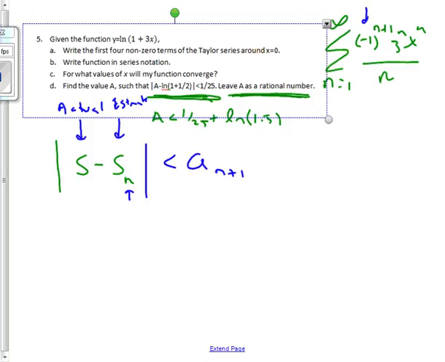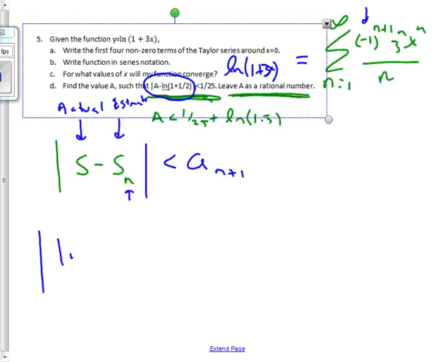So we need to remember a couple things. First thing, this series is ln of 1 plus 3x. That's the series that we were approximating. So we could rewrite this first statement as the absolute value. Now, order of subtraction inside of an absolute value doesn't matter, because it will just change the sign, but the absolute value makes everything positive.